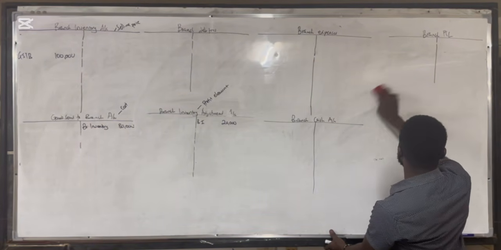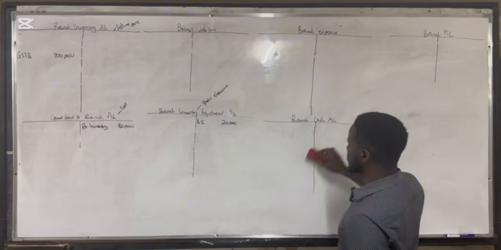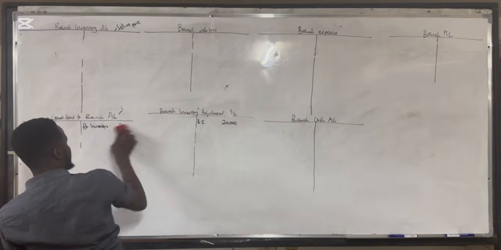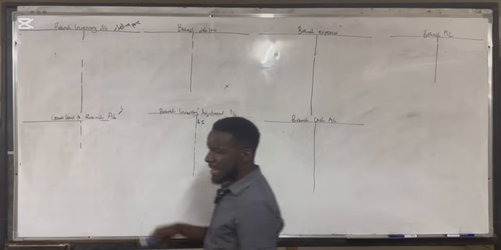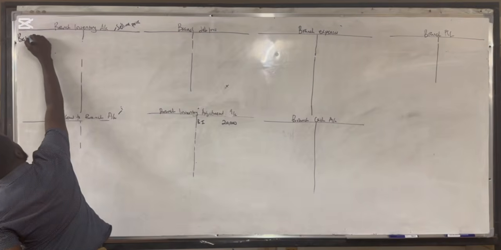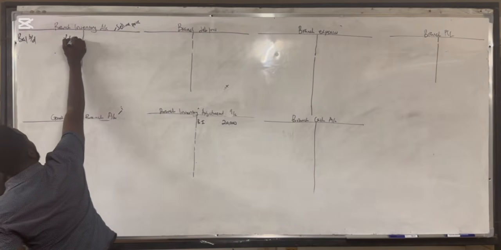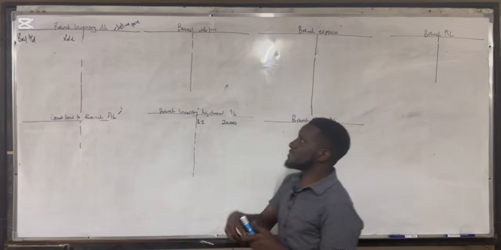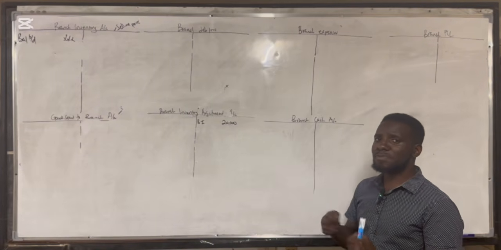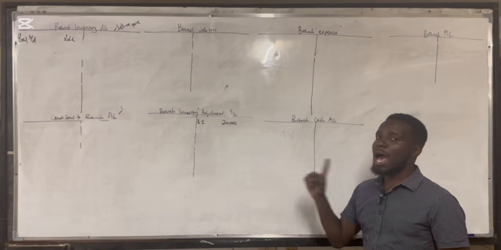Then also, the very first items to record in this account: we are going to have a balance brought down. Now, once you have a balance brought down of branch inventory, there is a profit element expected out of it.